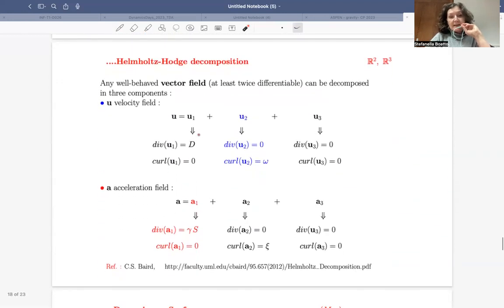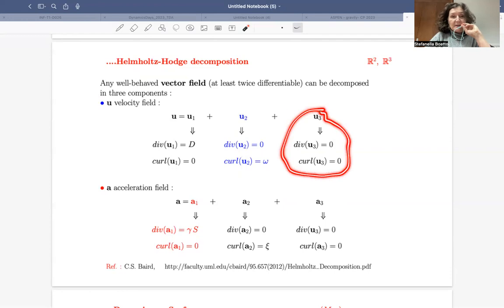They say basically that each vector field can be decomposed into components. A component that is irrotational but not divergence-free. A second component that is divergence-free but has rotation. And then there is the harmonic component.